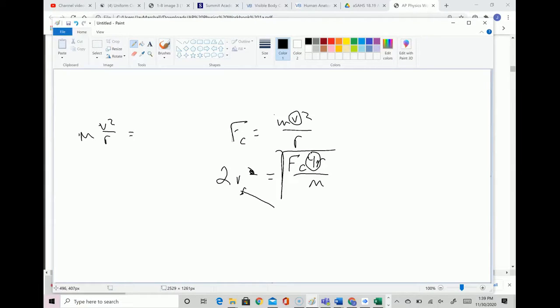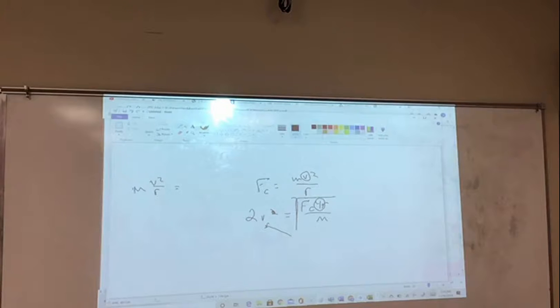What's causing my centripetal acceleration here? Friction. That's not going to be very helpful, is it? So what other information were we given?